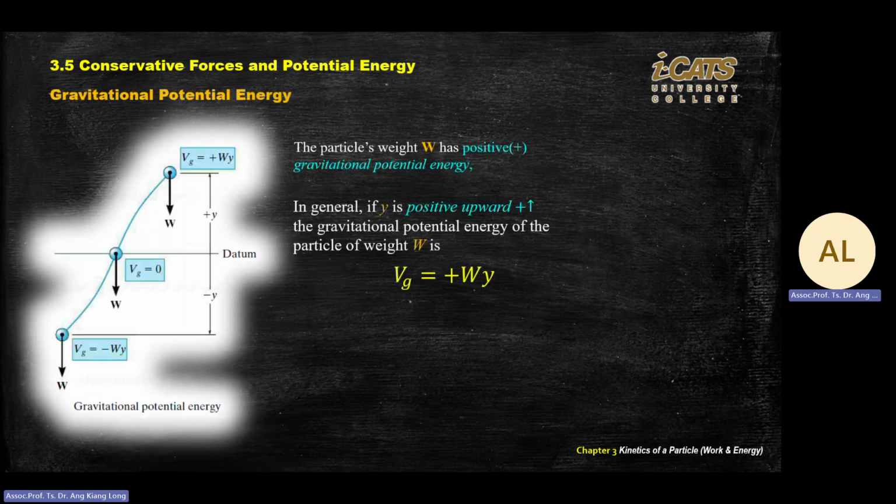For the potential energy of weight, you can use mgh. You can recall from your physics mgh, or usually in dynamics we use W for mg. And for y, if you're not comfortable, you can use h, positive h or negative h.